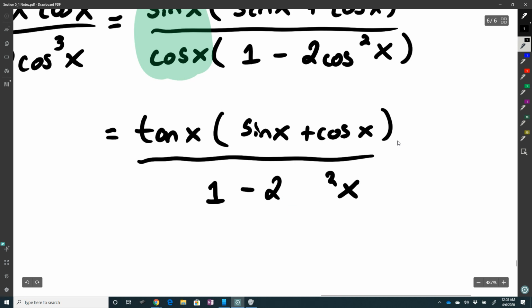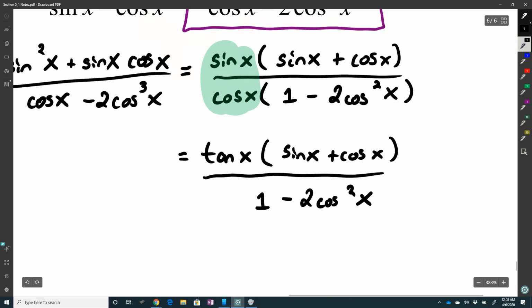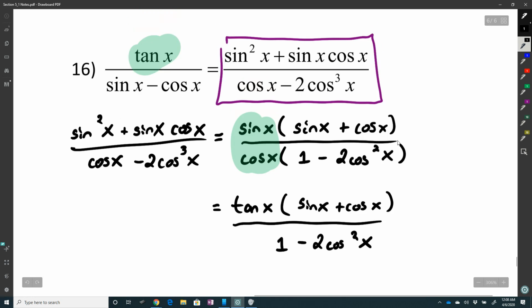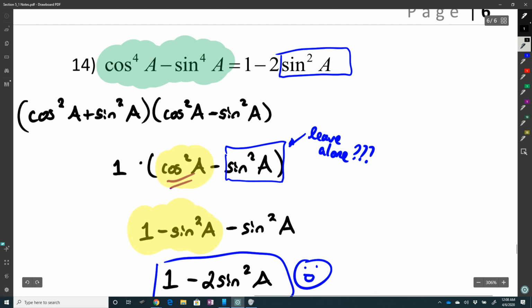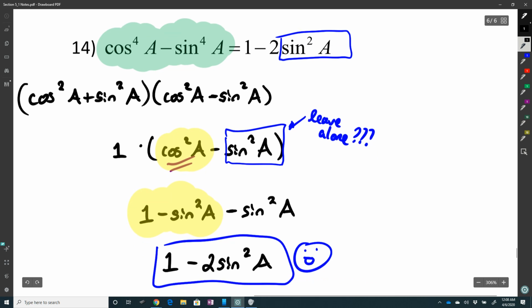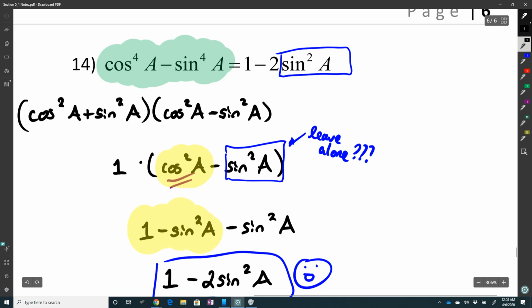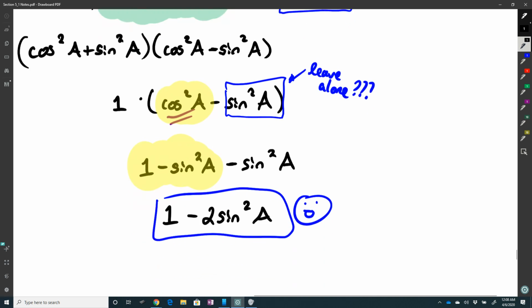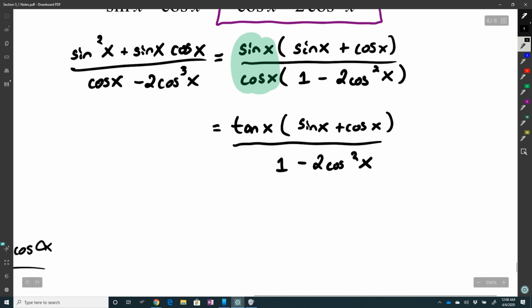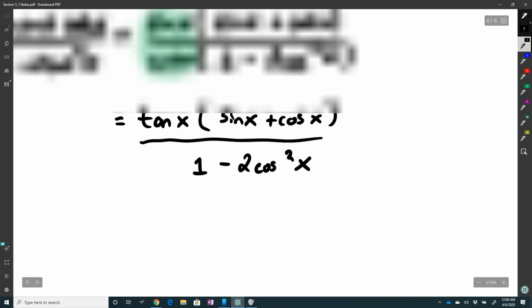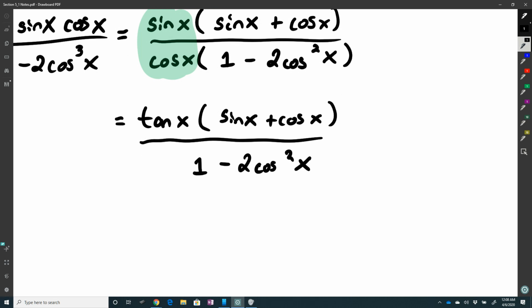I make silly mistakes. Anyway, if you wanted to be really fancy, you can use what we learned above to work this out. Notice that 1 minus 2 sine squared A was cosine to the fourth minus sine to the fourth. But that's stretching it a bit. There's a similar formula for cosine instead of sine.